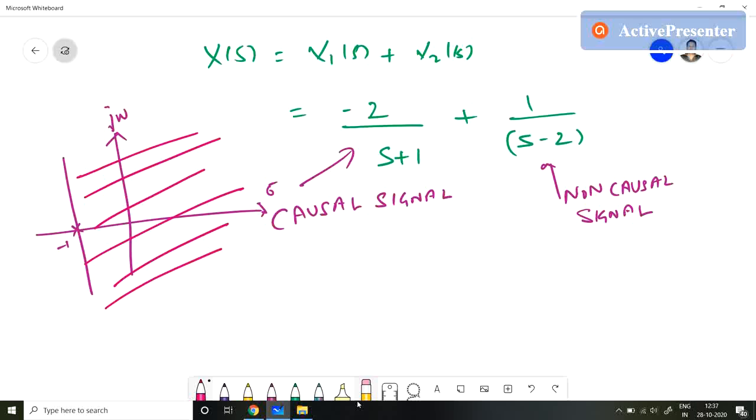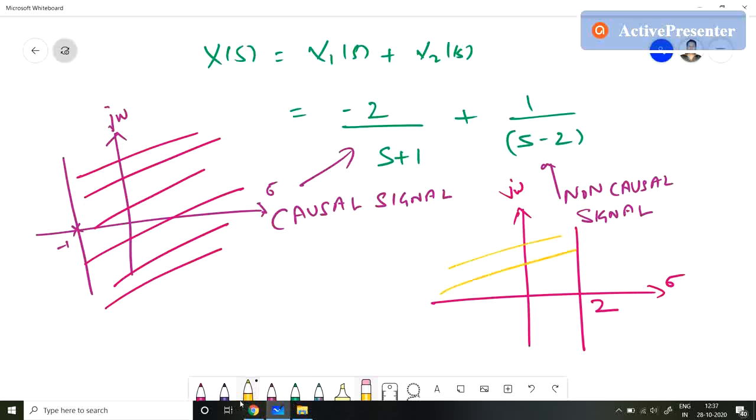And then we have the non-causal signal. We have considered that this signal is non-causal, and the pole is s equals 2. So basically, if it is non-causal, then the real part of s should be less than 2. So there is a 2 here, and the real part of s should be less than 2.